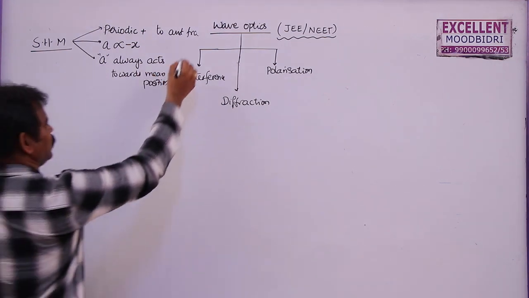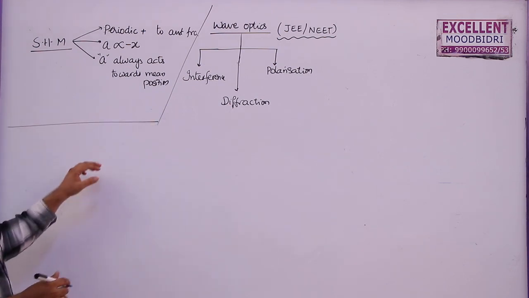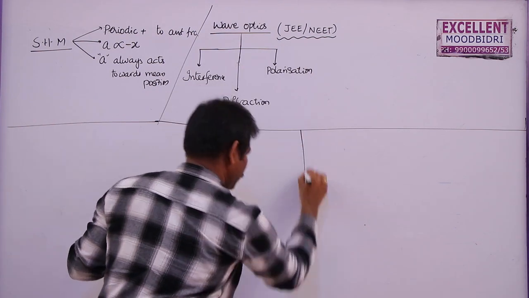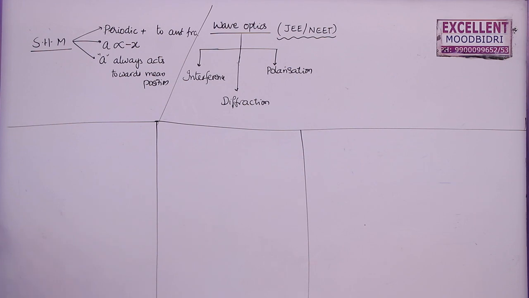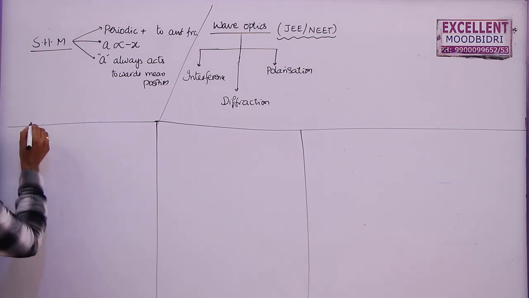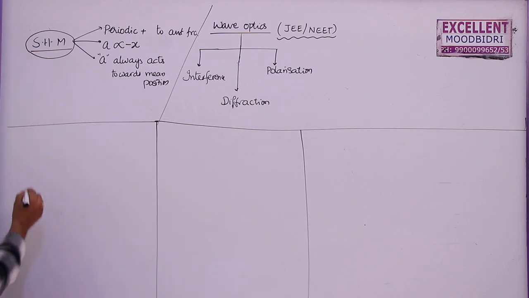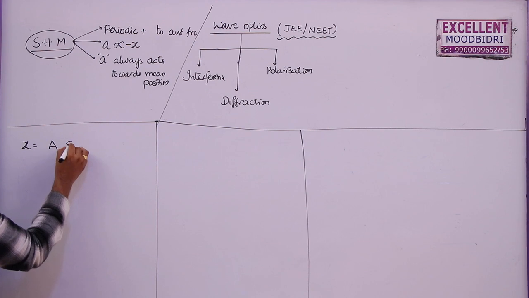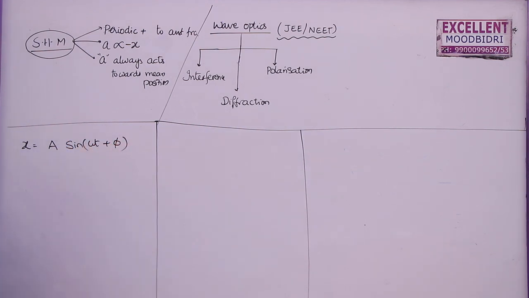Now, based on these three, we will discuss simple harmonic motion in three different parts. Let us say for a particle executing simple harmonic motion, the displacement x is given as a sin(omega t plus phi).